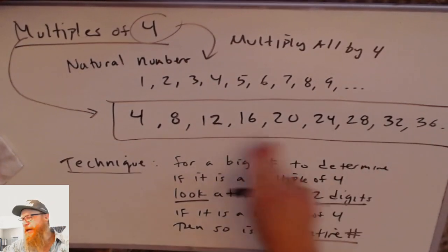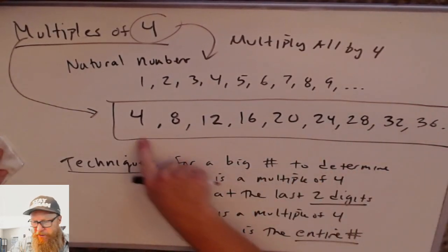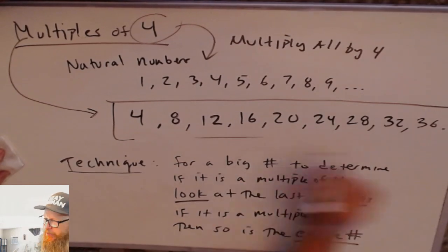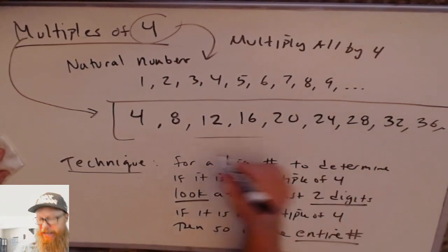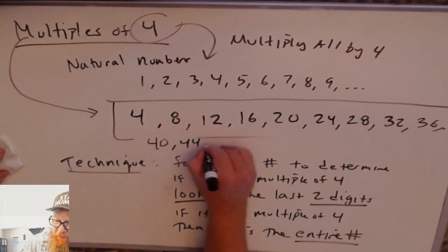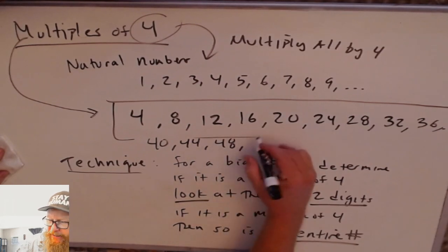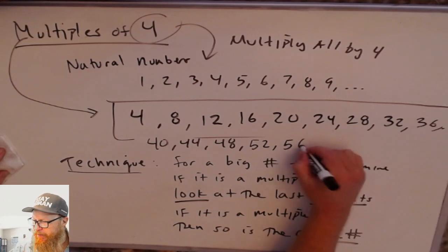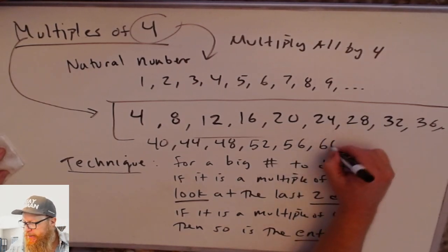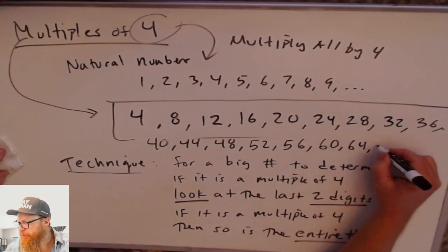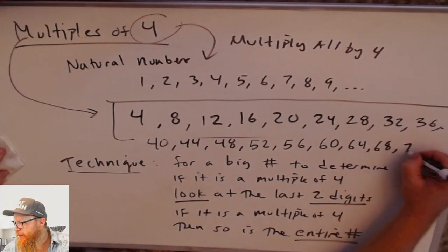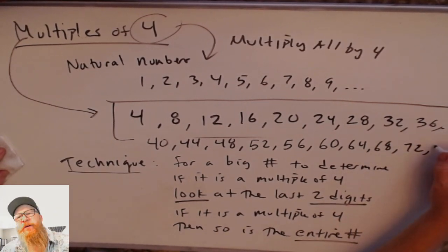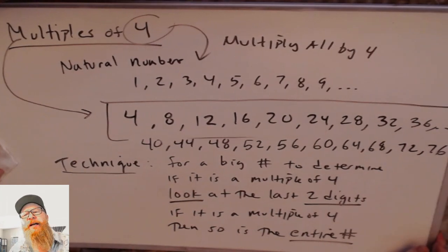All right. Now you probably want to memorize a little bit more than 36. So let's go 36. The next one would be 40, then 44, then 48, 52. Notice you're just counting by 4s. 56, 60, 64, 68, 72, 76.